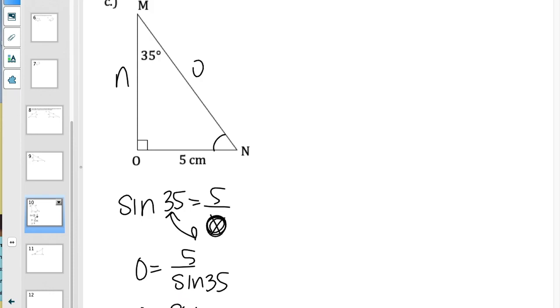And I'm getting 8.7. So then to find side N, the adjacent side, and 5 is the opposite side, so I used tangent. So tangent of 35 equals 5 over N, for TOA. And again, when the variable's in the bottom, we swap them and divide.